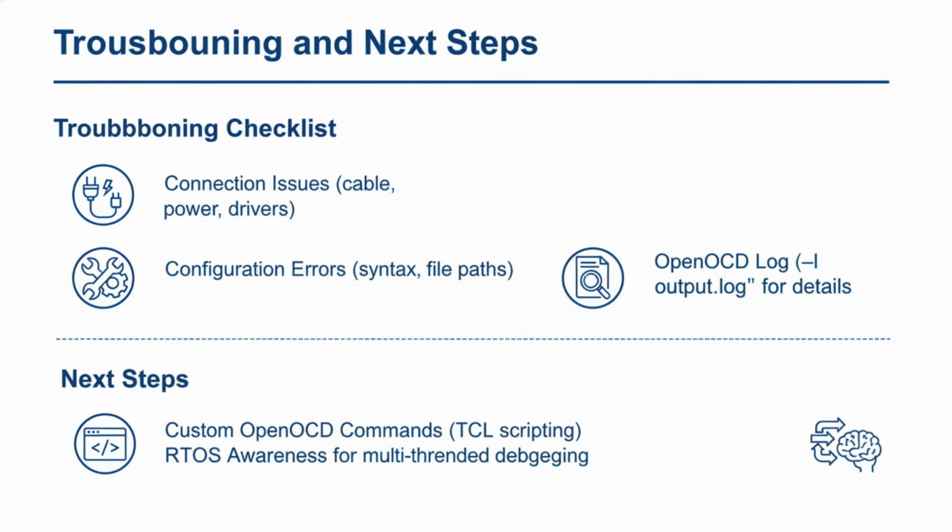OpenOCD's log output option, -l output.log, is invaluable here. For advanced users, OpenOCD offers powerful capabilities like custom commands defined in your config files, RTOS awareness for debugging multitasking applications, and extensive scripting with TCL for automating complex debug routines. Mastering these advanced features can significantly enhance your debugging efficiency.